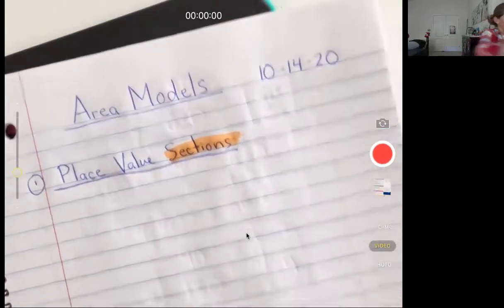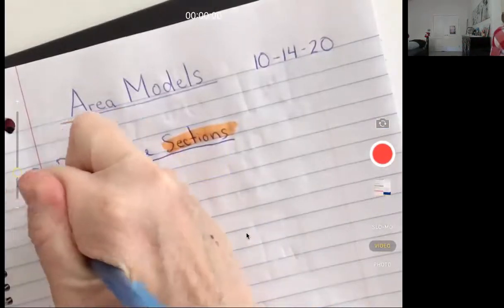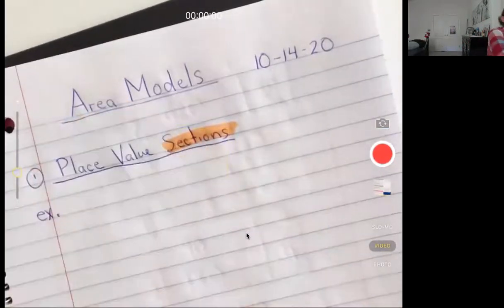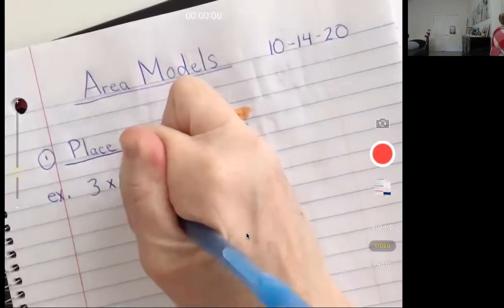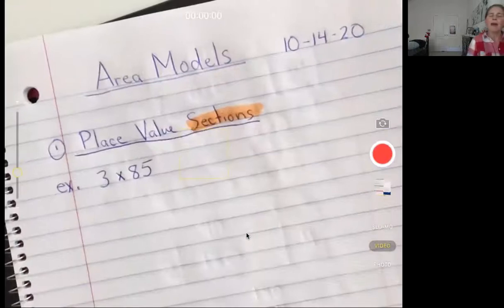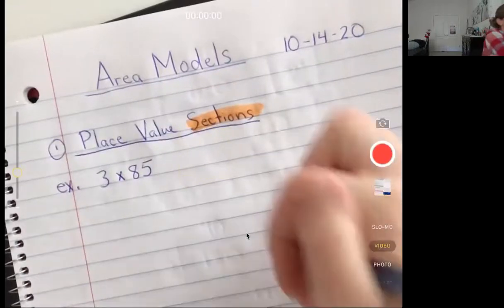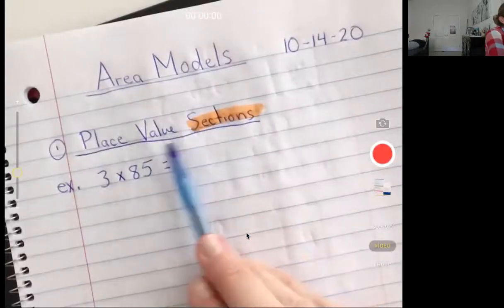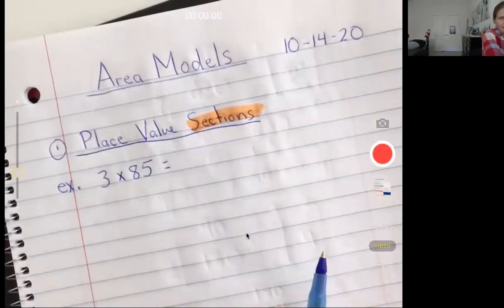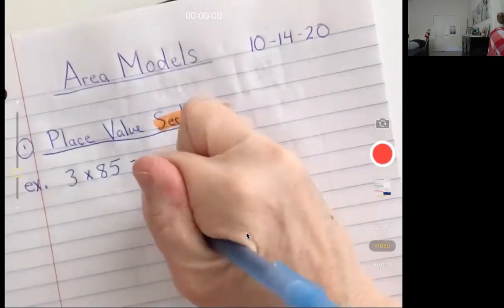So for example, let's do one. Say, for example, we have 3 times 85. That is our equation that we're trying to solve. If we use the area model called place value sections, that's just exactly what we've been doing. Let's do it.